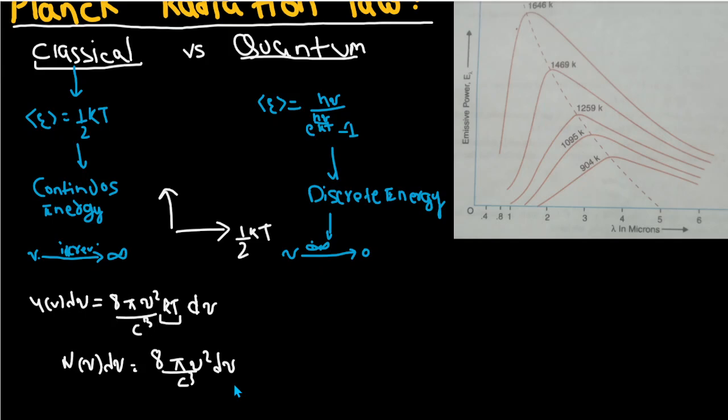And if we multiply this expression by the average energy of each standing wave, which is kT, we have to multiply kT on both sides. What do we get? This is per unit volume, so this is N(ν)dν: the number of standing waves per unit volume in a given frequency range is equal to this.